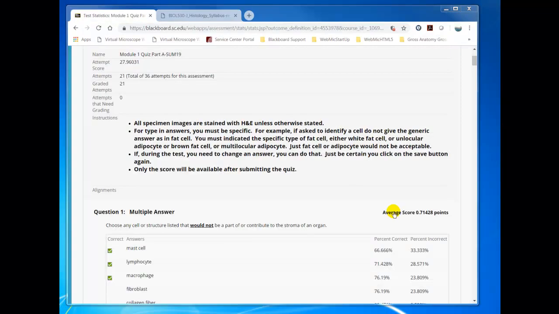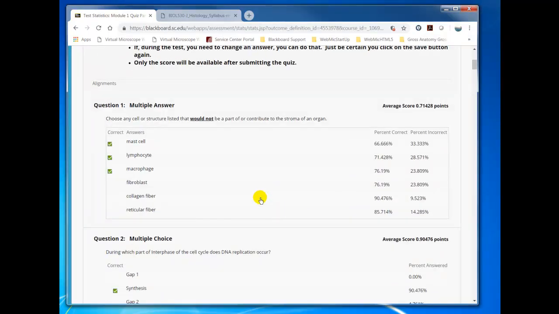So Part A consisted of about 35 questions, and many of them were just text questions. Like, for example, this first question. It says, choose any cell structure that would not be a part of or contribute to the stroma of an organ. Well, the first thing you have to remember is that the stroma is the framework.